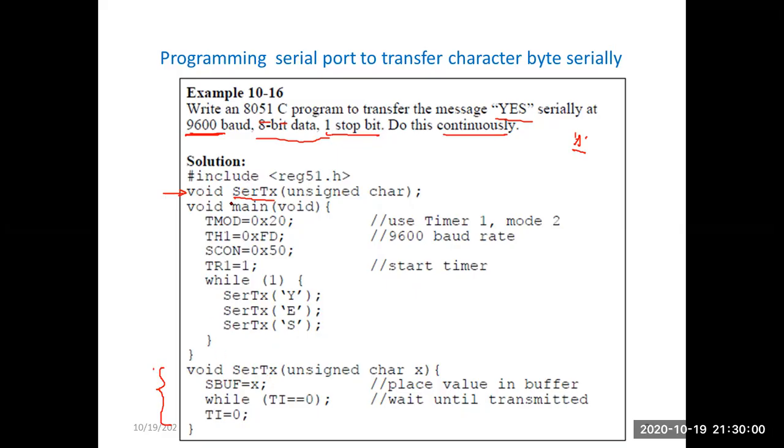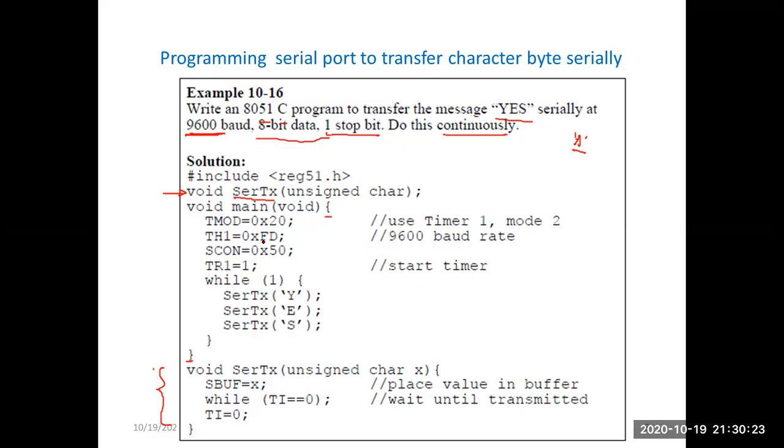Void main void, this is the main function, with an opening brace and a closing brace of the main function. TMOD is equal to 0x20 semicolon. This will configure timer 1 in mode 2, that is 8-bit auto reload mode, as per requirement. Then TH1 is equal to 0xFD.